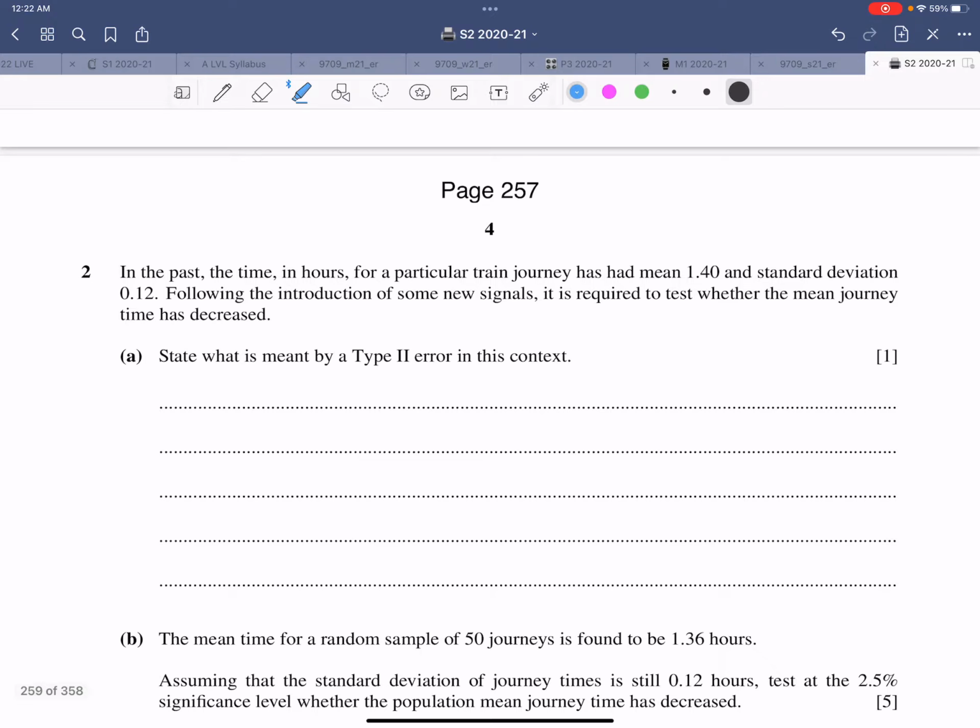The next question is about the time in hours for a particular train journey. In the past, it has a mean of 1.40 hours and a standard deviation of 0.12. Following the introduction of some new signals, it is required to test whether the mean journey time has decreased.